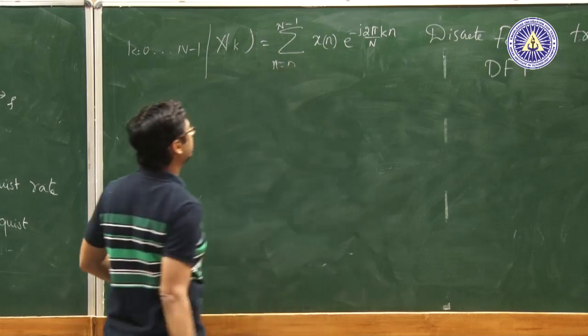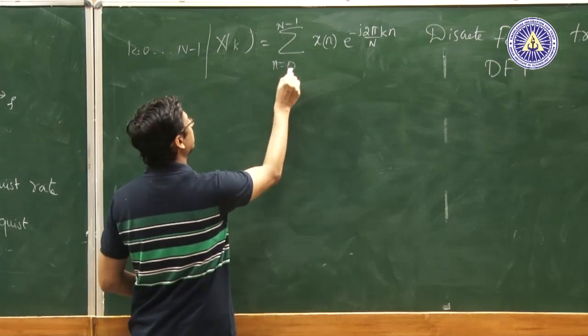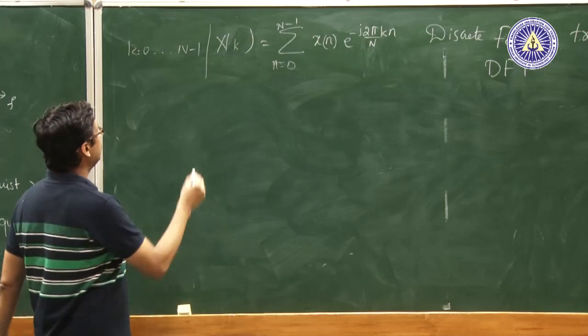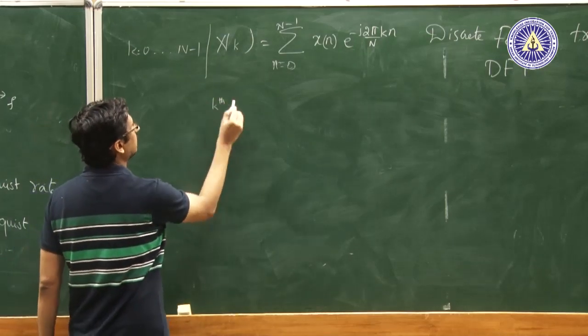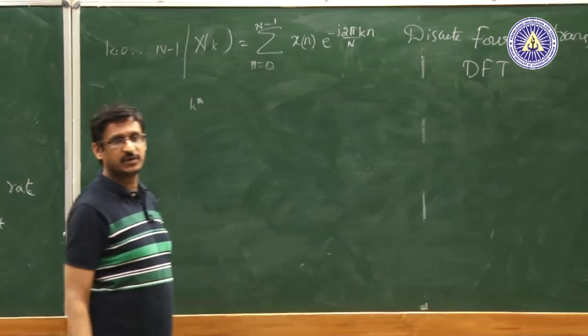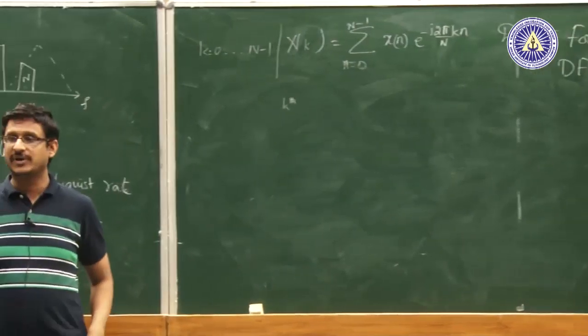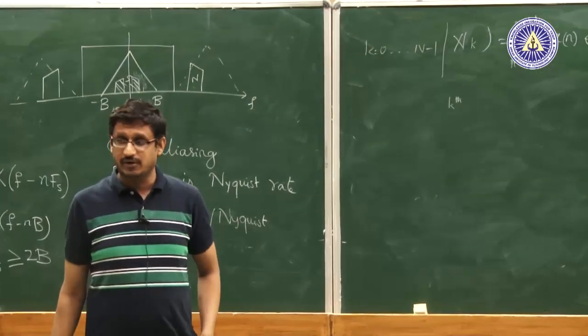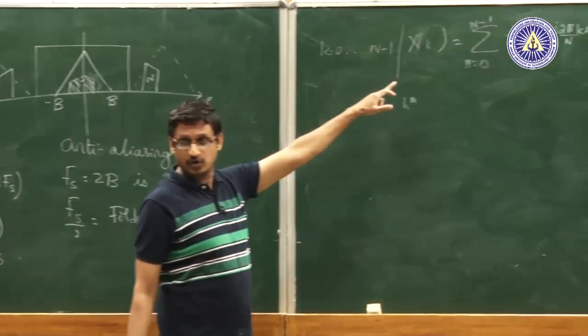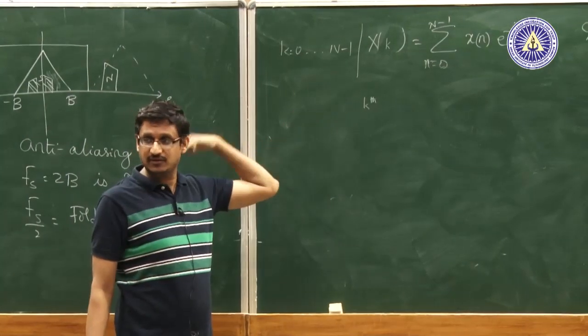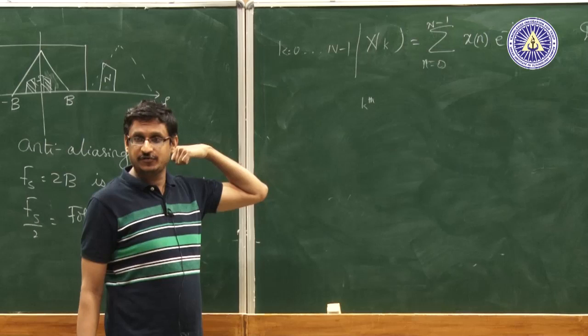Let us first connect the different k's to one another. We said the kth term will have, I just erased it, the frequency of 2 pi by n times k. But remember, x of n is usually derived by sampling the original signal at a sampling rate of Ts, right.